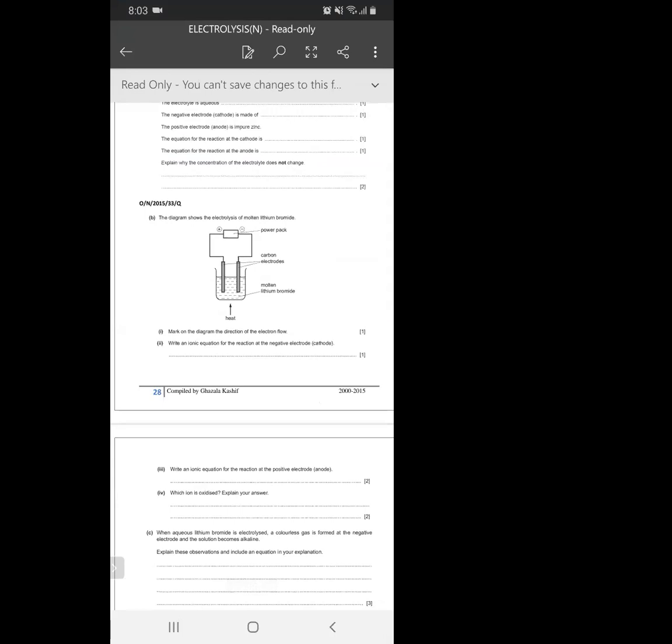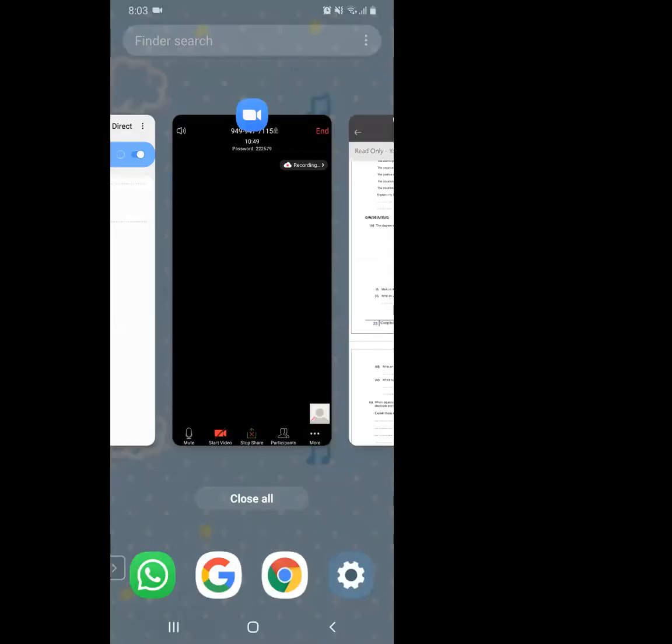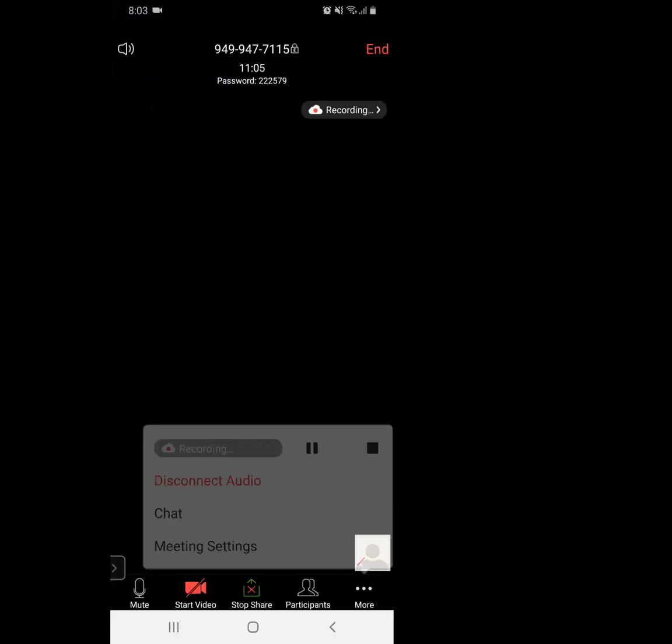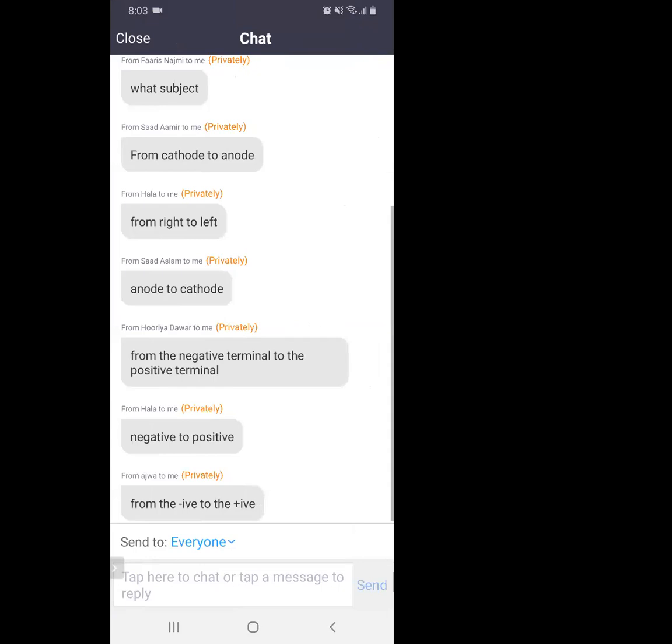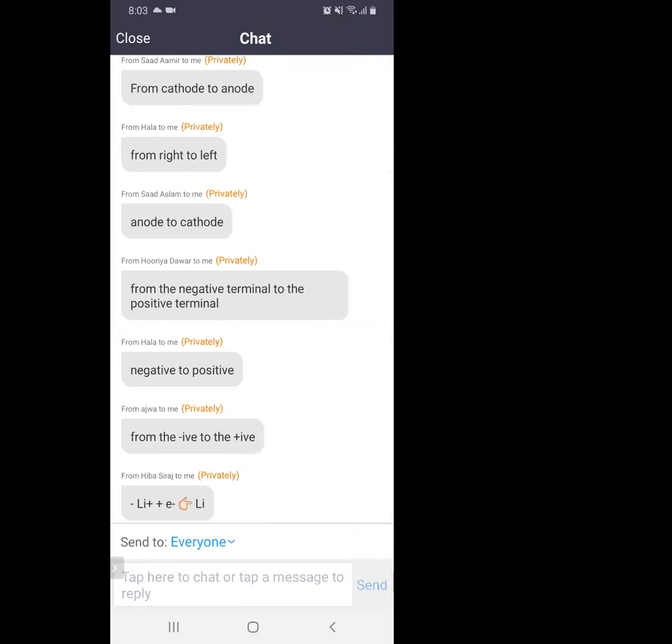Part 2, write an ionic equation for the reaction at the negative electrode. First of all, tell me what two ions are present in this setup. One must be a cation and the other must be an anion, because it's molten lithium bromide.